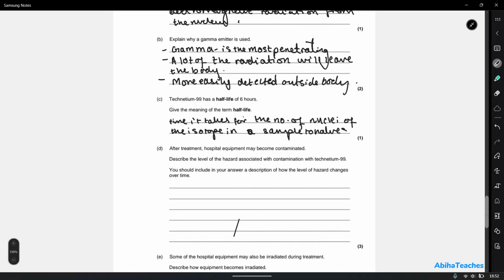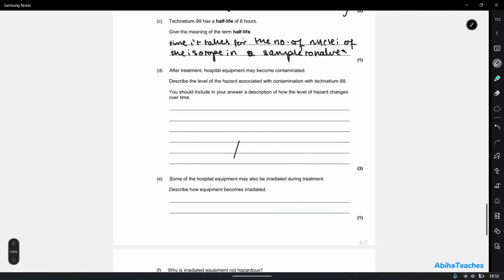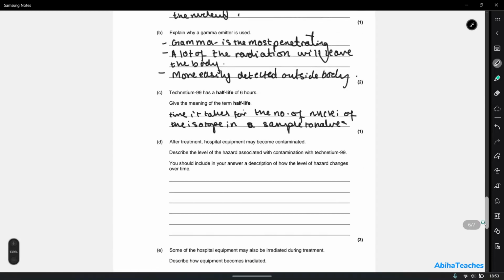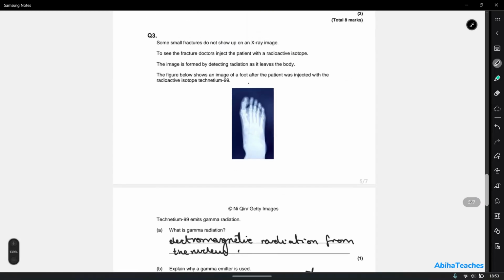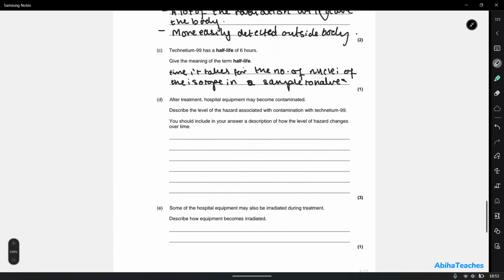After treatment, hospital equipment may become contaminated. Describe the level of the hazard associated with contamination with technetium-99. You should include a description of how the level of hazard changes over time. Well, they've sort of given us a clue with part C because they've mentioned the half-life of 6 hours.